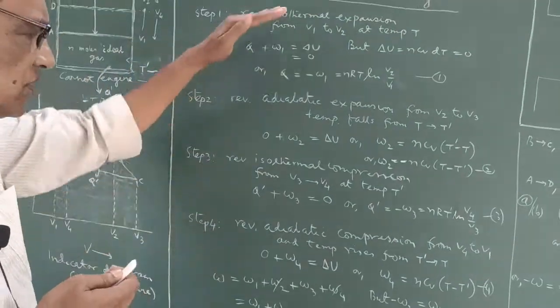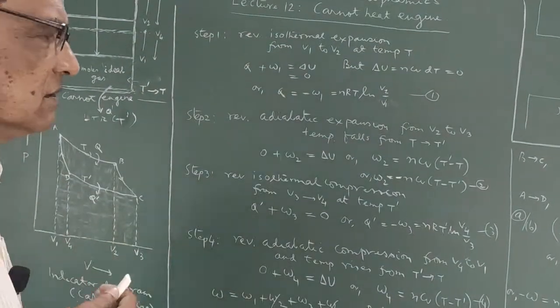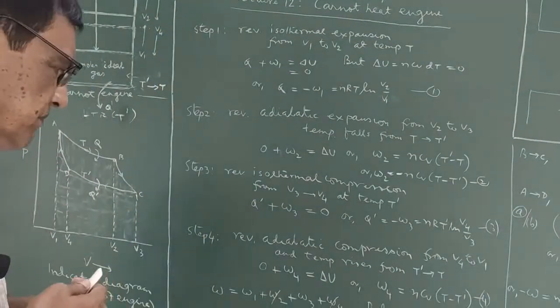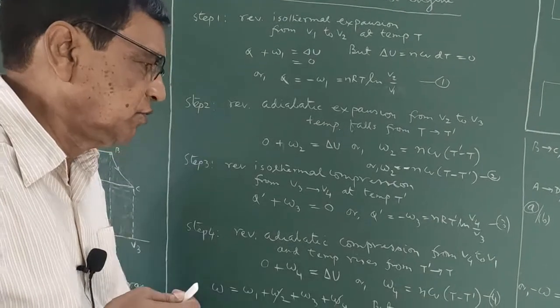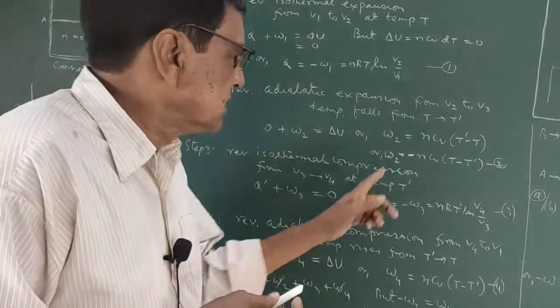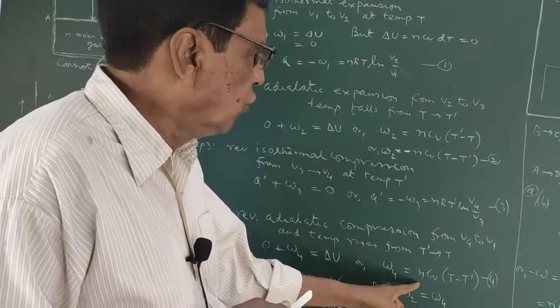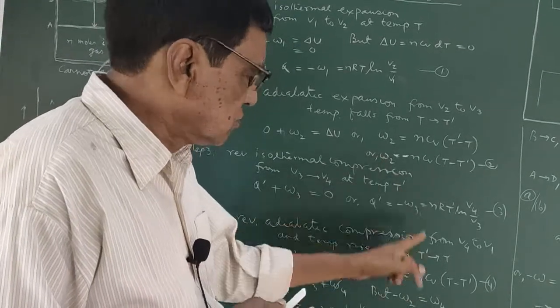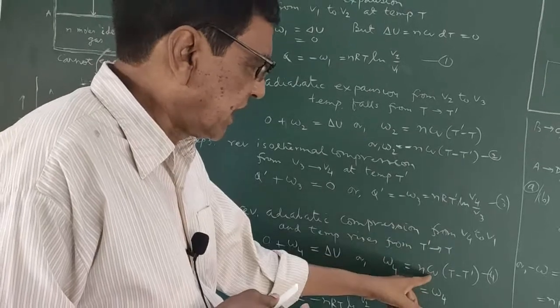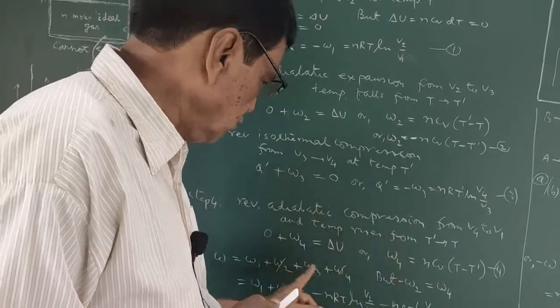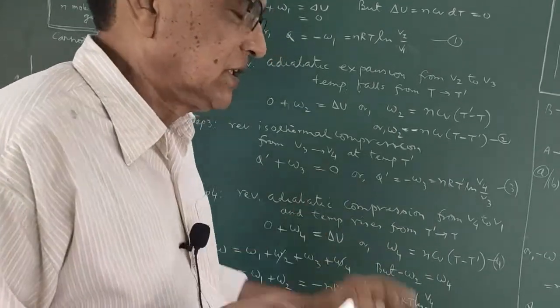So the total amount of work done over the four steps is W1 plus W2 plus W3 plus W4. You can see W2 and W4 are equal in magnitude but opposite in sign, so W2 and W4 would be cancelled.